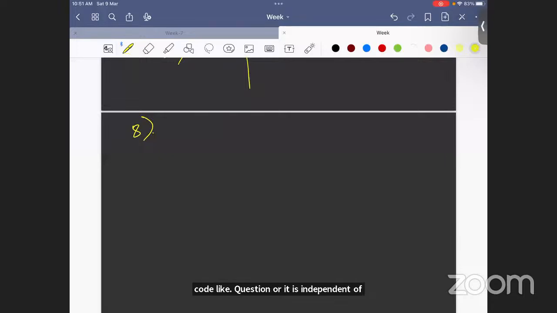Sir, actually I'm not able to get what a lower bound is. It asks, just wait a minute.